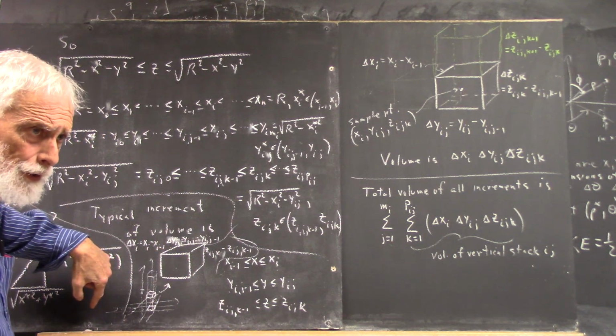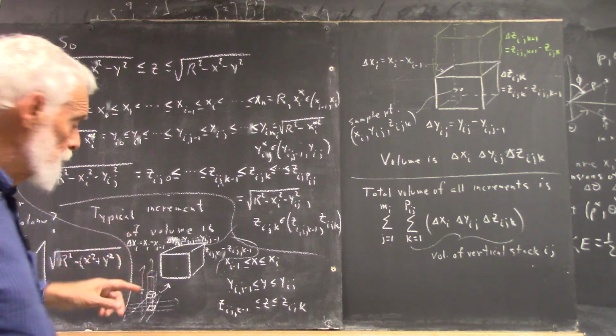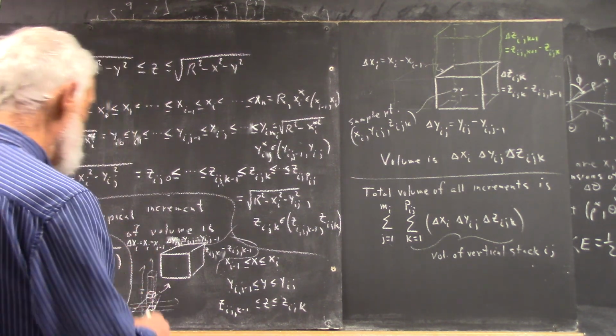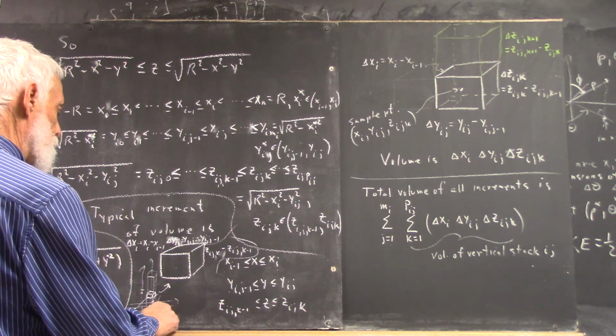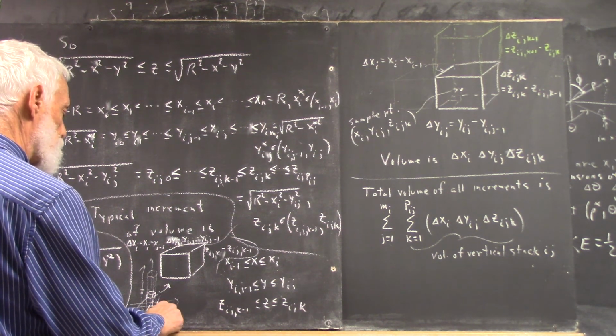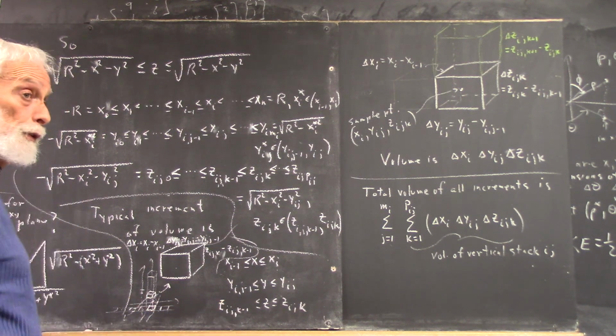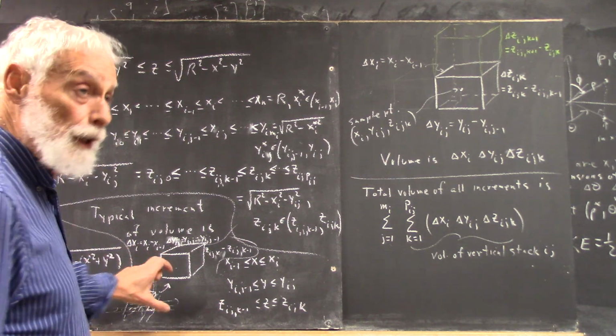Can you visualize that? I'm going to draw it in a minute, but let's visualize it right now and then see if you visualized it right. So you've got a stack for every one of these intervals. If we go to the j plus 1 or j plus 2 subinterval, or the j minus 1 or j minus 2 subinterval, we're going to get stacks.